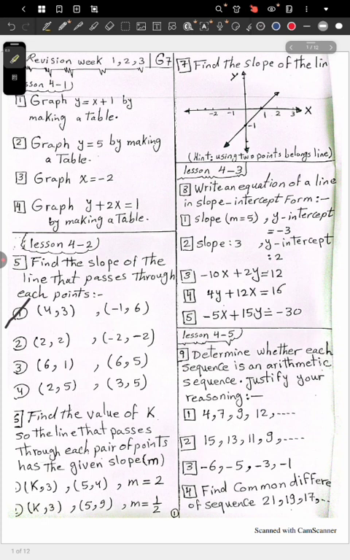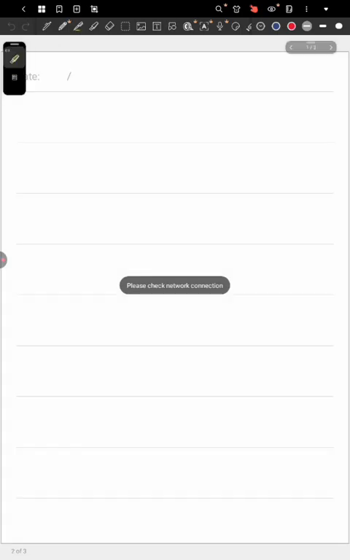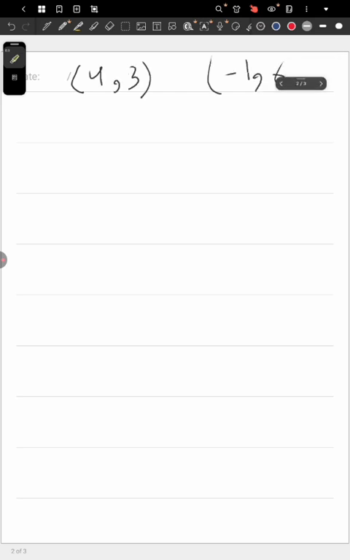How can we find the slope of the straight line? If you want the slope of 4 and 3 and -1 and 6. Okay. Slope equals difference y over difference x.